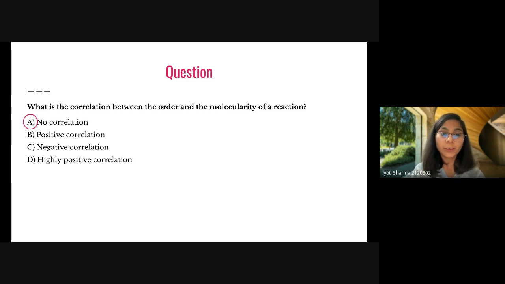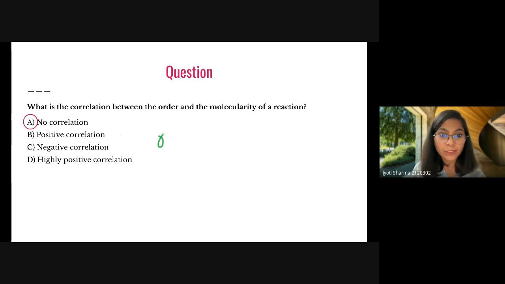Okay, if you remember, in the last week we had an equation for the order of the reaction. Let me change the pen.